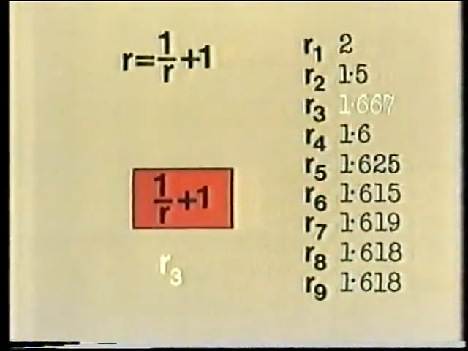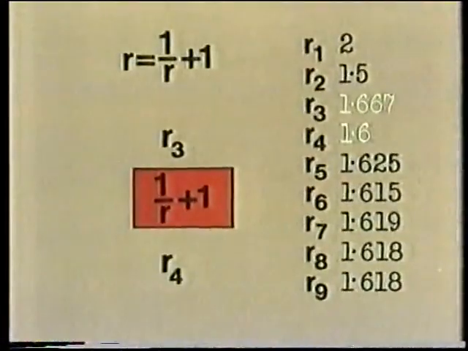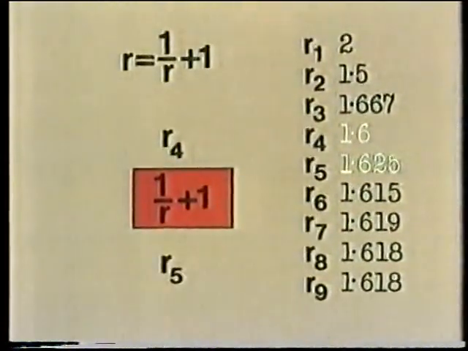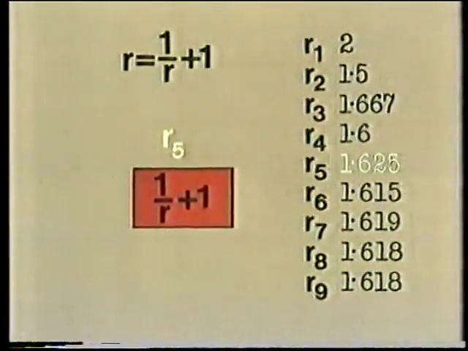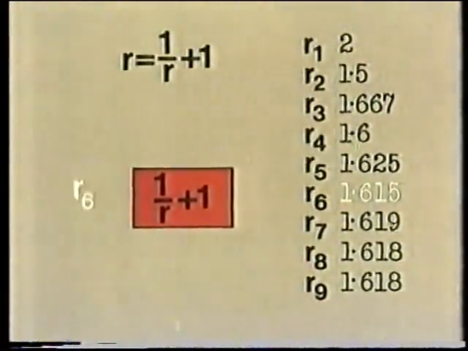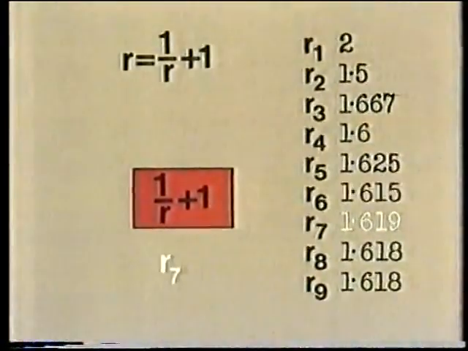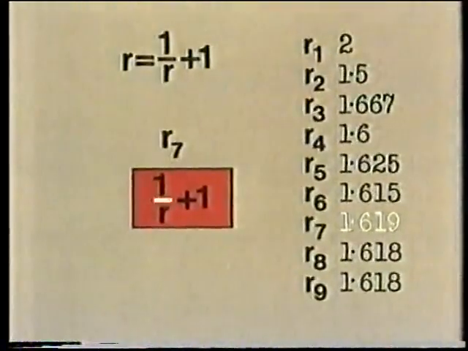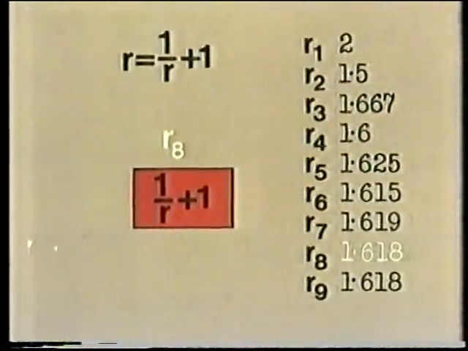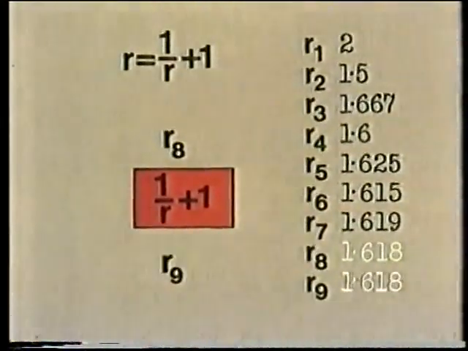And so on. Each time we check whether the input and output are the same. And we continue the process until we finally get an output which equals the input.